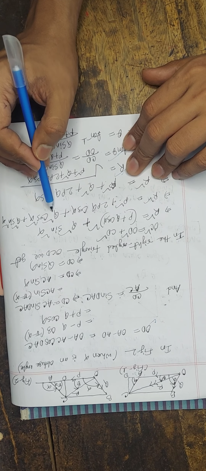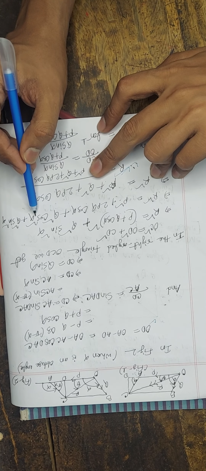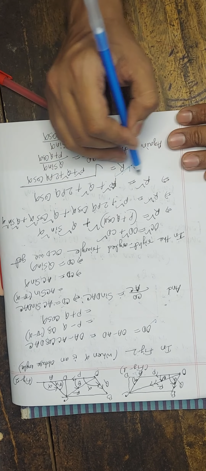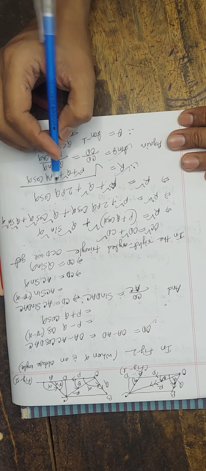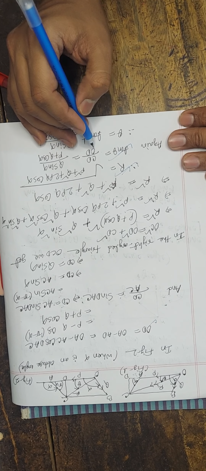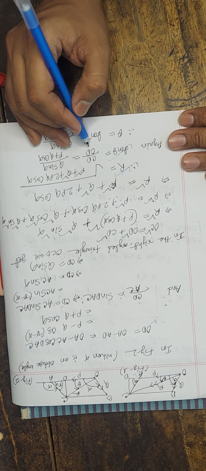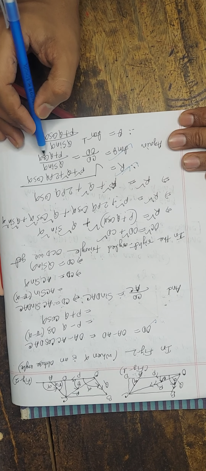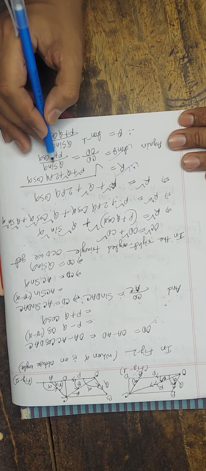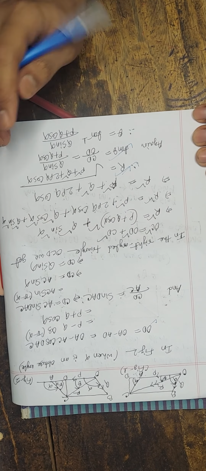Here if we take Q square common, we get Q square times cos square alpha plus sin square alpha, so R square is equal to P square plus Q square plus 2PQ cos alpha, and tan theta equal to CD by OD. OD is equal to P plus Q cos alpha, so we get tan theta equal to Q sin alpha by P plus Q cos alpha.